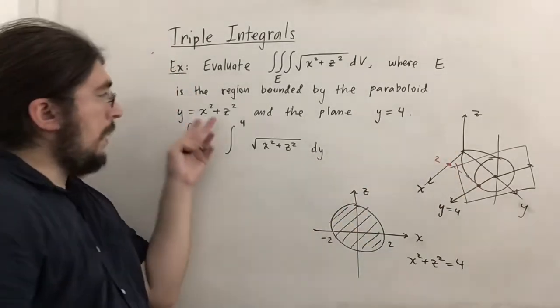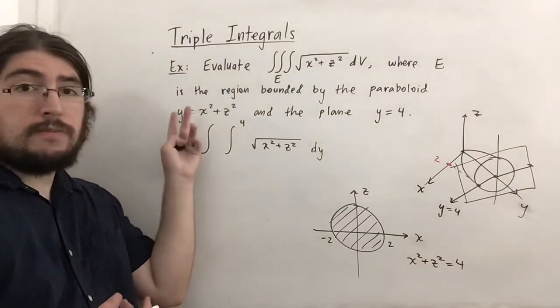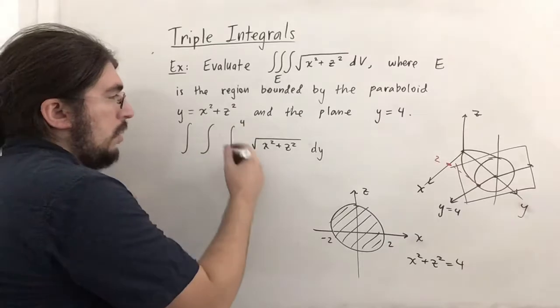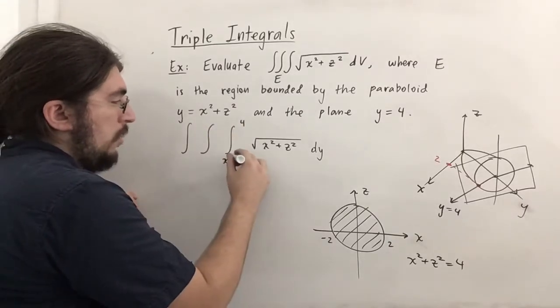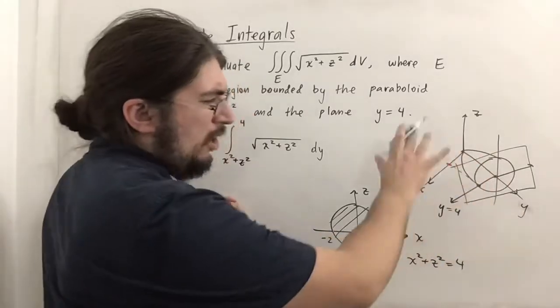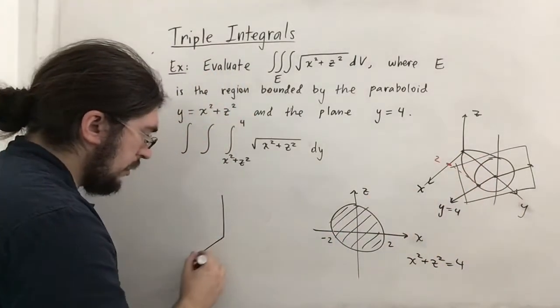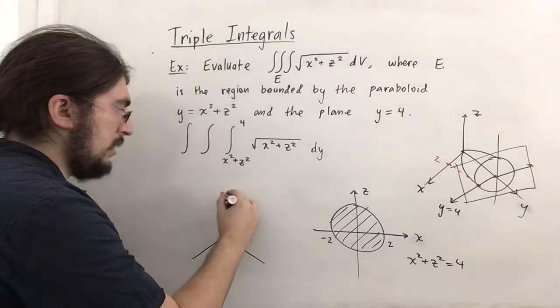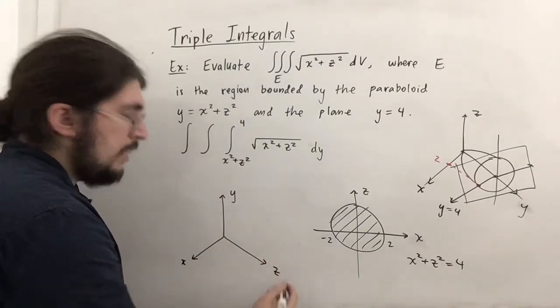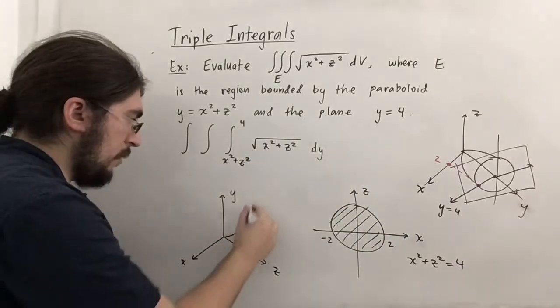The paraboloid, luckily, has y isolated already. So y is going to be equal to x squared plus z squared, and that's the lower point. It's hard to draw, but I'll draw it a little bit just to show you. I'm going to reorient this so that y is on top, and now we have xz like this, so we can figure out what's going on.